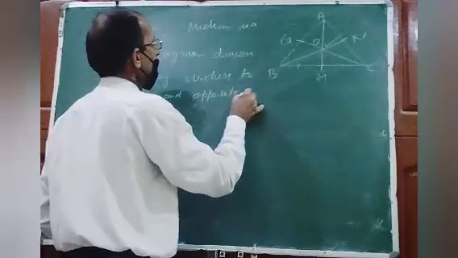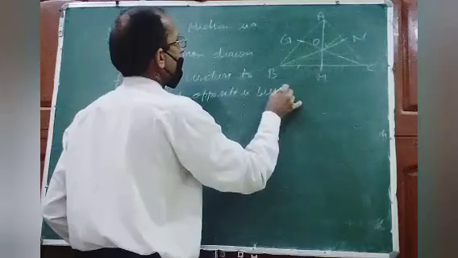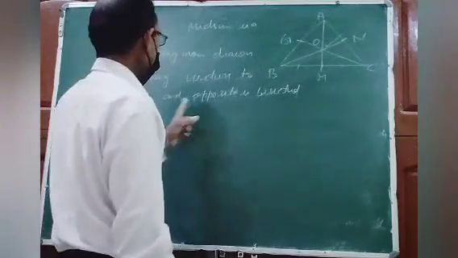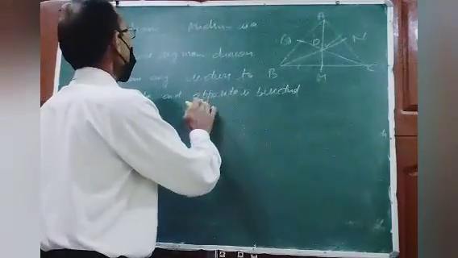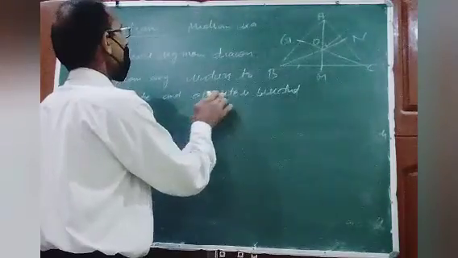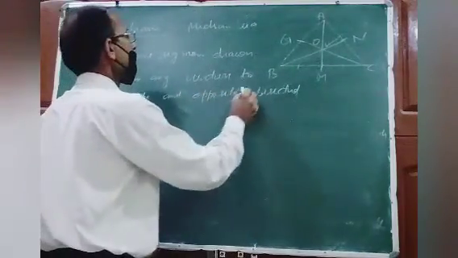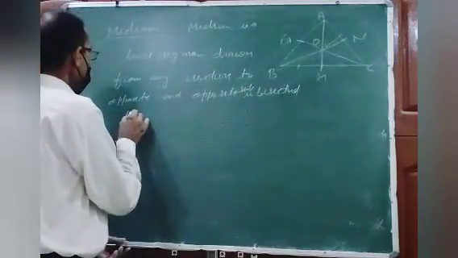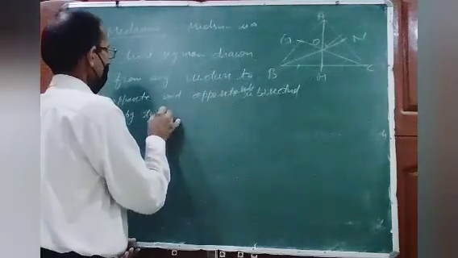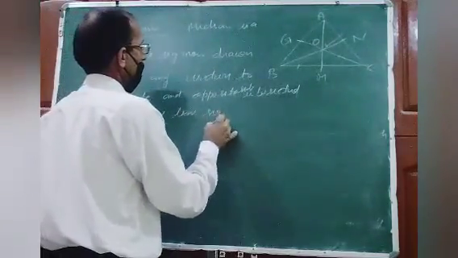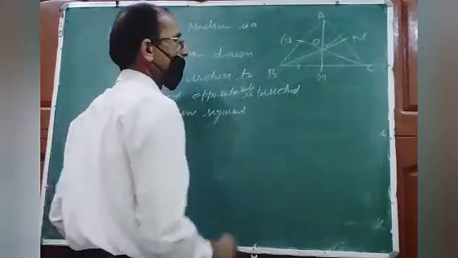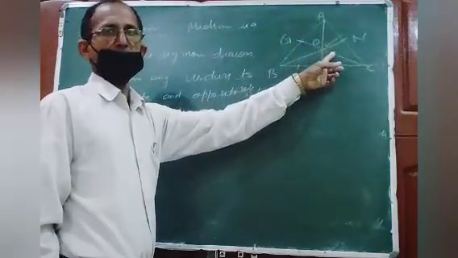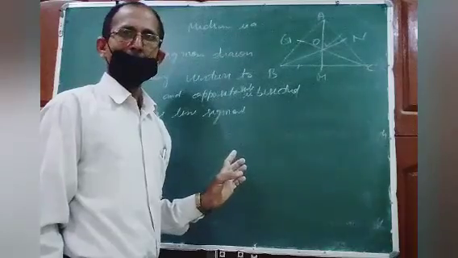Bisected means divided into two equal parts. Or you can say the distance between the midpoint of the opposite side and the vertex is called a median.